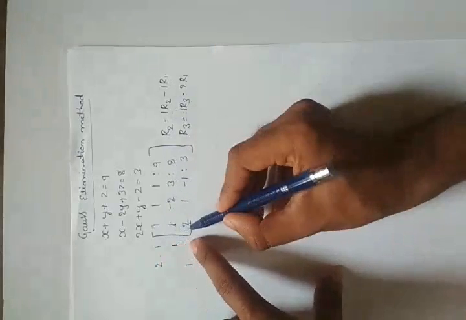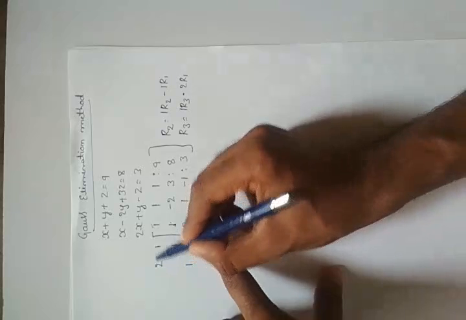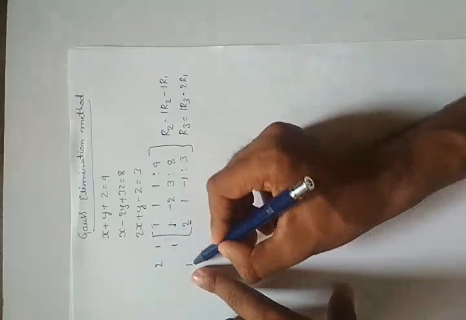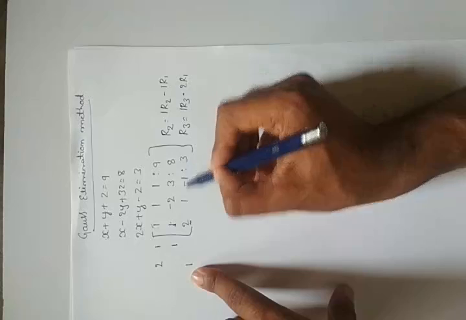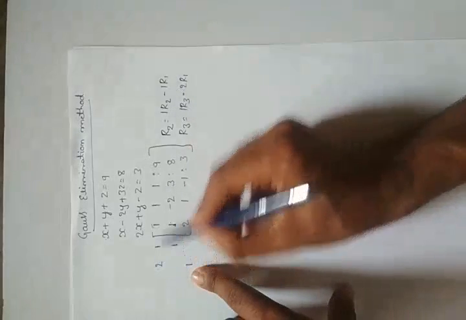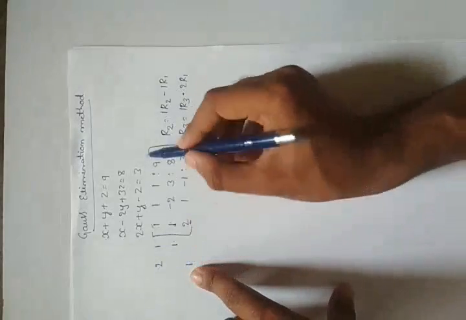Similarly for R3, the starting element is 2, write 2 to the first row, and the first row's first element is 1, write it to the third row, and multiply all row values by 1 minus the first row. Here also 1 into R2 minus 1 into R1.